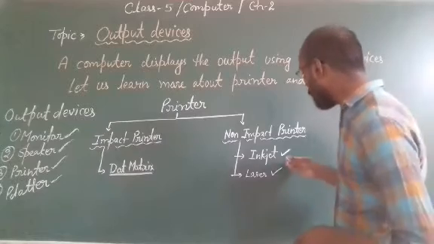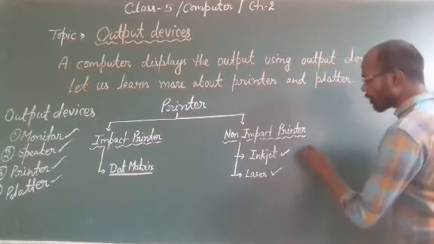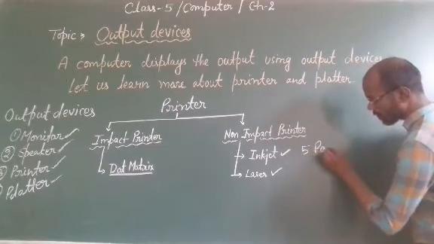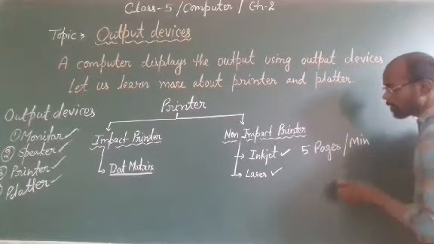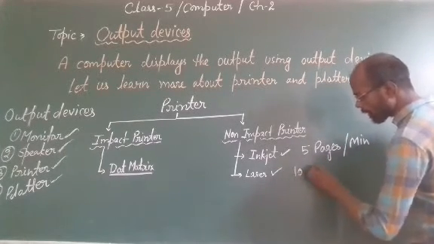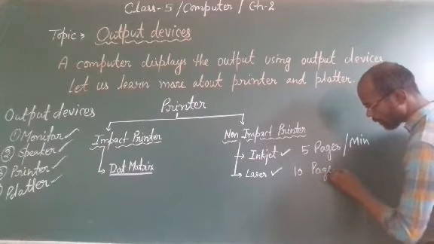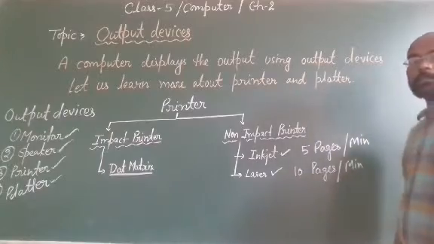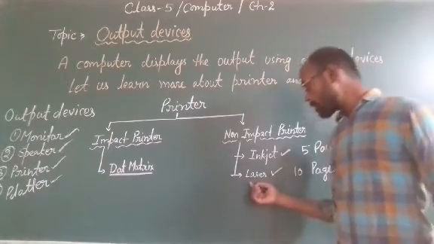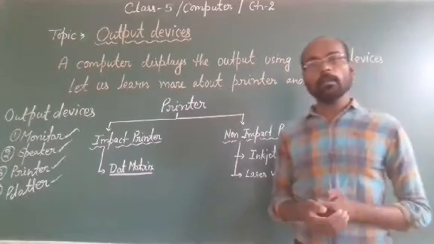Students, an inkjet printer can print 5 pages per minute, but a laser printer can print 10 pages per minute. A laser printer uses dry ink.